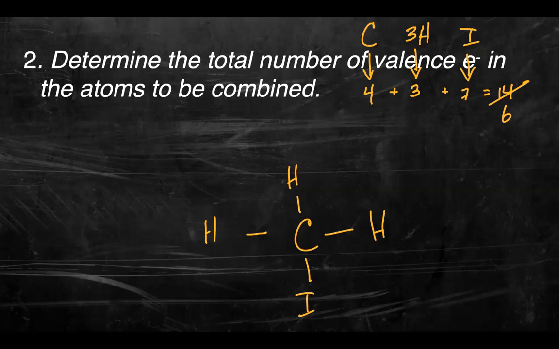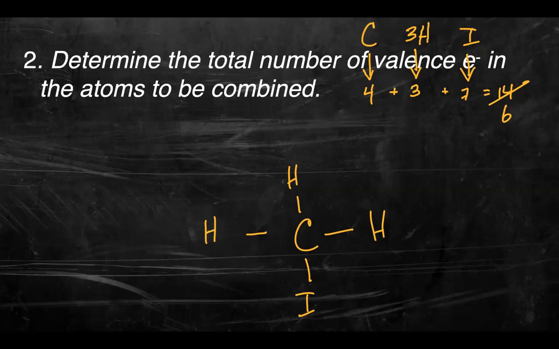And the last thing that you're going to do is fill in all of the lone pairs of electrons that belong to individual atoms following the octet rule. All atoms, besides the exceptions, are going to follow the octet rule. Now, hydrogen is an exception because it has only 1 electron to share.